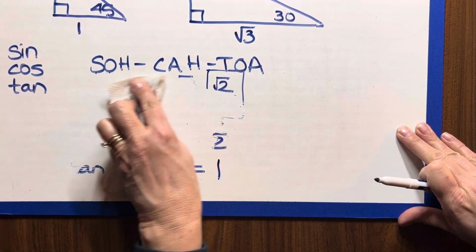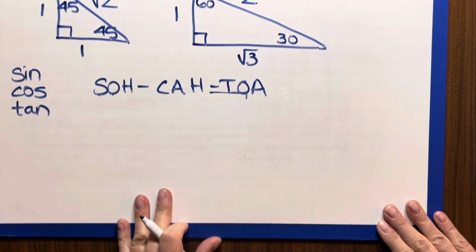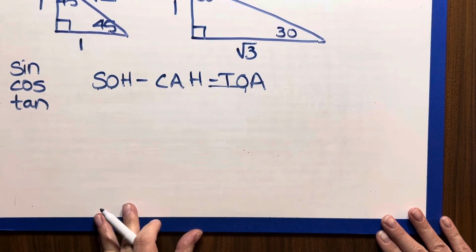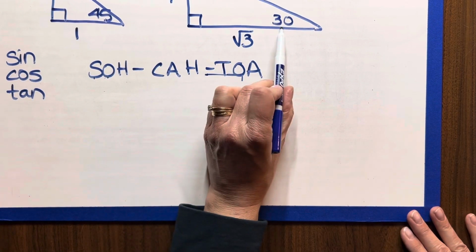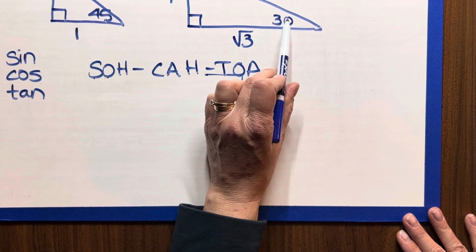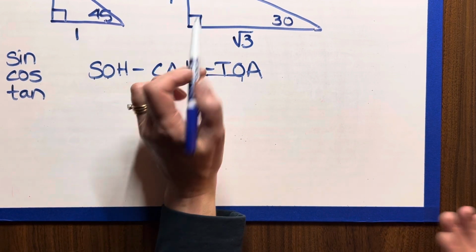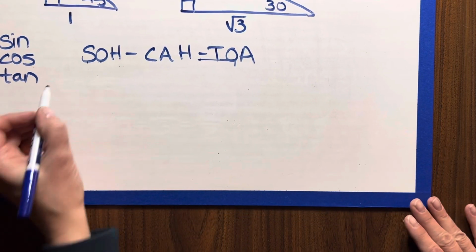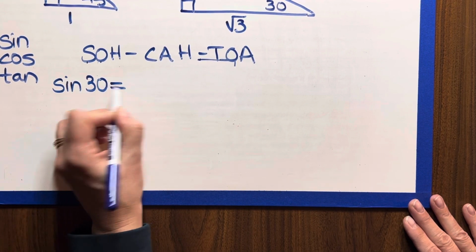So now what we want to do is shift over to our other triangle, which is the 30, 60, 90. And we are going to have to do two separate things using the 30 degree angle for all three trig functions and using the 60 degree angle for all three. So let's start off with the sine of 30.